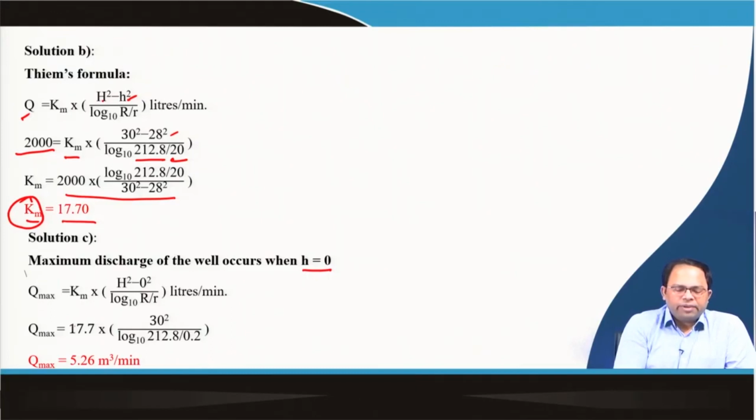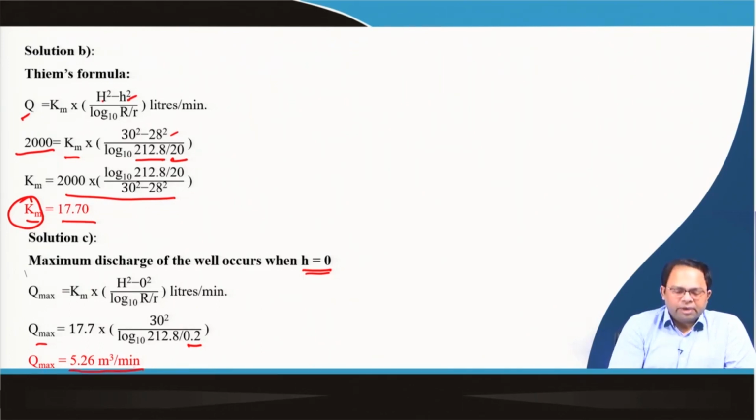So, over here what we can say is, when H value is equal to 0, if I put it in the equation, we can see that Q max is equal to 17.7 into 30 square divided by log to the base 10 of 212.8 divided by 0.2, because if you remember, our radius was 20 centimeter, and then Q max is equal to 5.26 meter cube per minute.